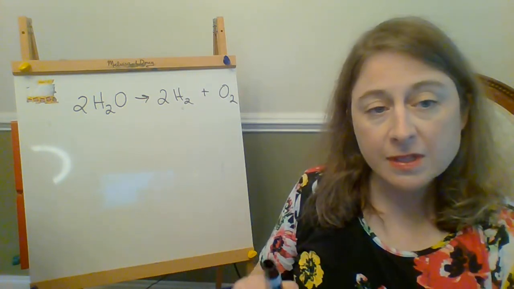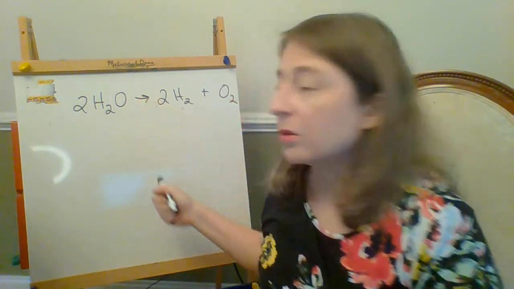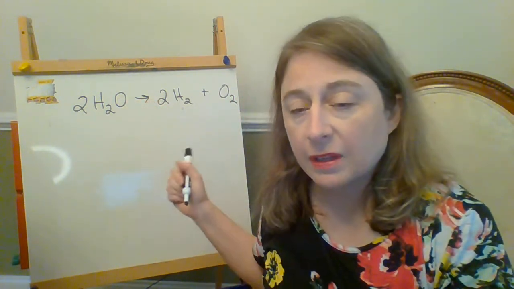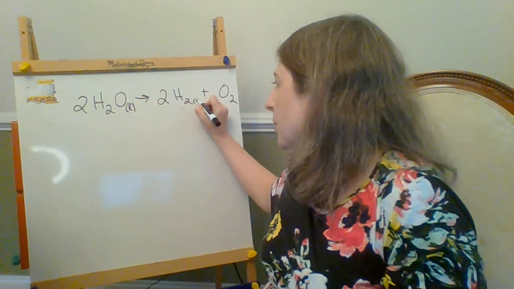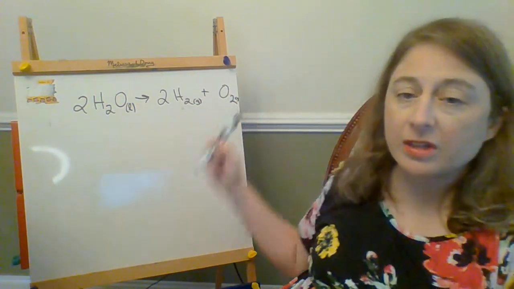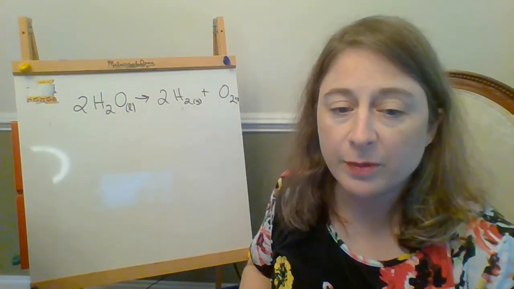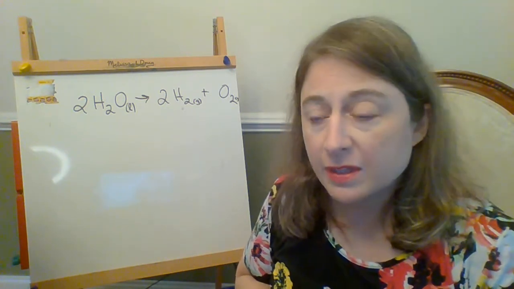If I put in my phases, there's another trick that we can learn in this module. When we did the electrolysis of water in the lab, the water was a liquid, right? But the 2 products were gases. Hydrogen and oxygen are gases in their elemental form. So today we're going to learn about Gay-Lussac's law.